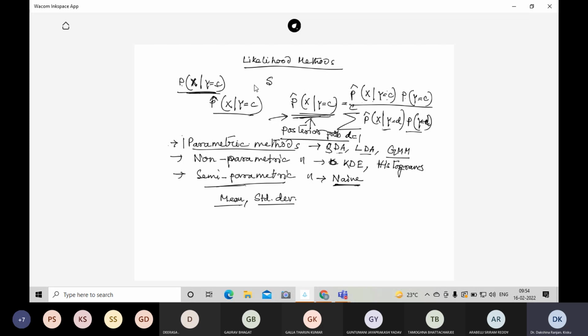That means we can use some model parameters which are fixed, and some remaining model parameters which are not fixed. In semi-parametric method, some of the data points may follow the normal distribution, and some may not. Okay, so we can start with parametric method, and firstly we will talk about quadratic discriminant analysis.